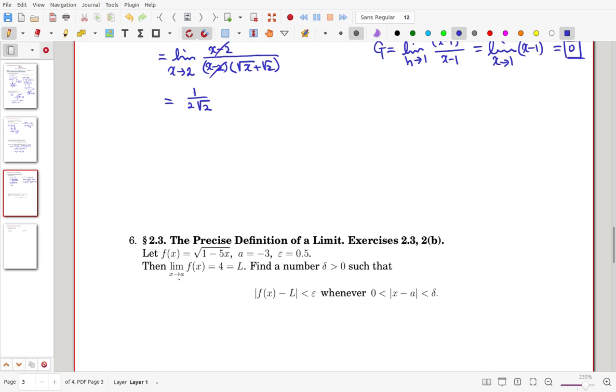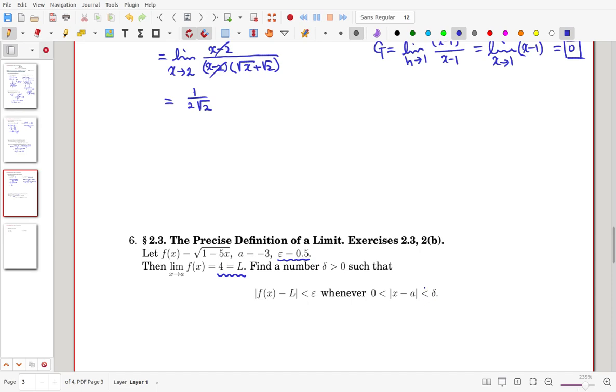Then as x approaches a equals minus 3, f of x has a limit: once you choose minus 3, square root of 16 is 4, which is L. For this given epsilon, we want to find the delta such that the modulus of f of x minus L is bounded by epsilon 0.5 whenever the absolute value of x minus a is bounded by delta.